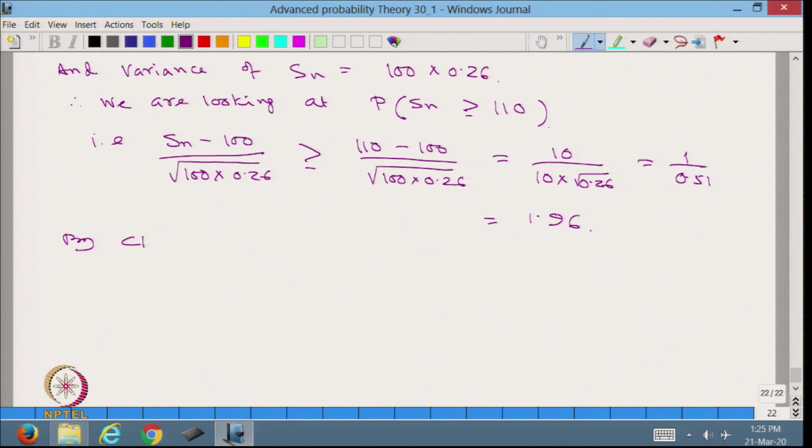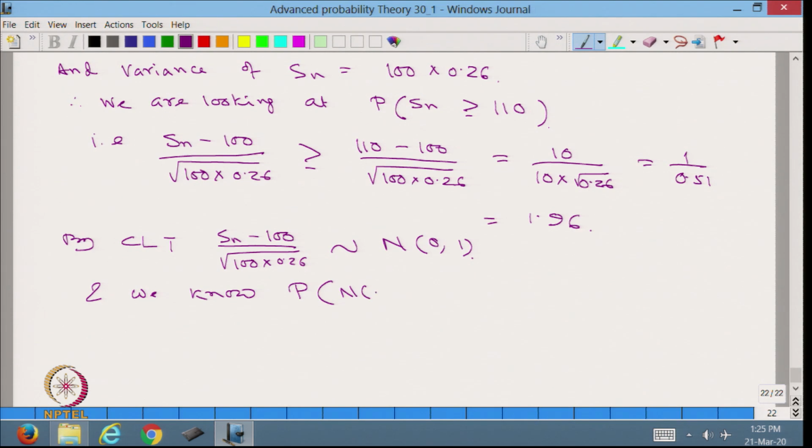By CLT, (Sn minus 100) upon root over 100 into 0.26 is distributed as normal 0, 1. And we know the probability that a normal 0, 1 variate is greater than or equal to 1.96 is equal to 0.025.